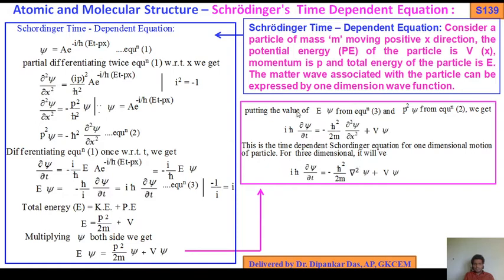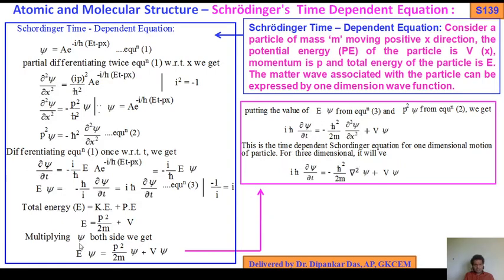So finally, putting the value of E psi from equation 3 and p square psi from equation 2, we get i h bar del psi by del t equals to minus h bar square by twice m del square psi by del x square plus V psi. How does this value come?